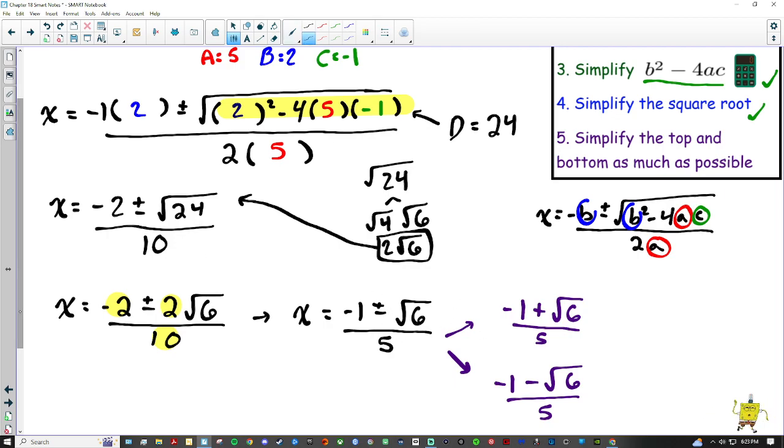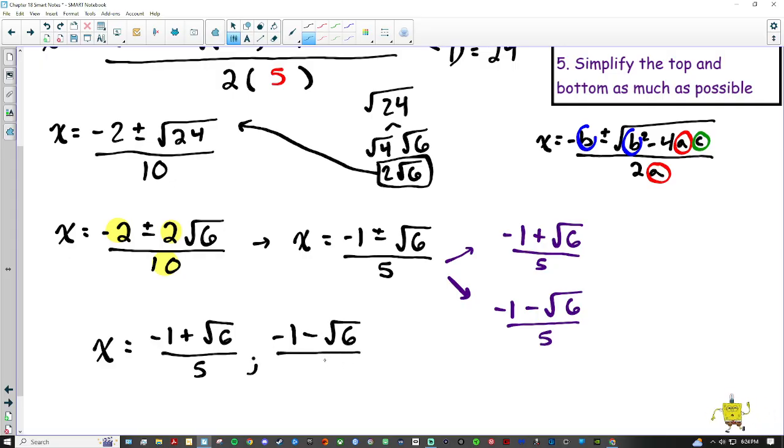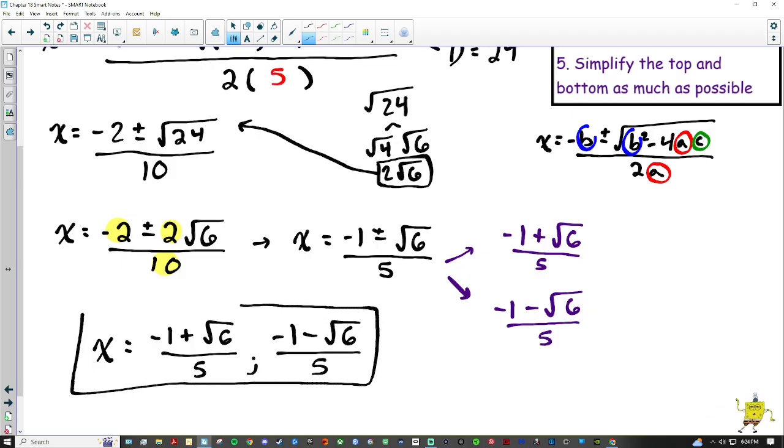So my final answer is x equals negative 1 plus the square root of 6 over 5 and negative 1 minus the square root of 6 all over 5. This is my final answer. These are perfect solutions.